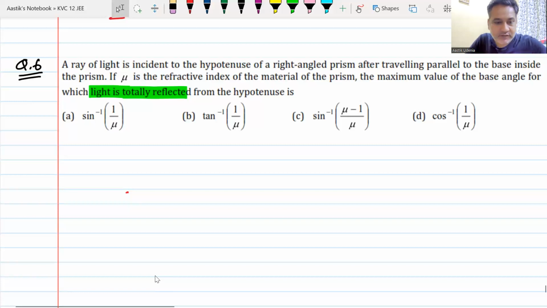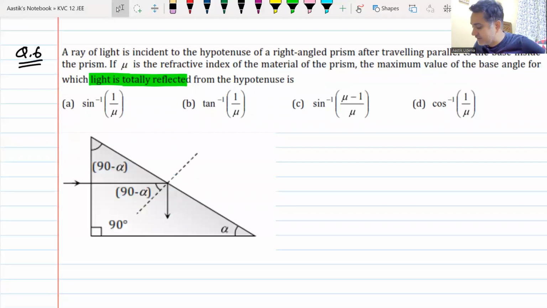Okay. Now, shall I solve it for you? See, as soon as you draw the diagram for this question, and I have just drawn it for you, from the information that was given in the question, I'll spend more time on the information.